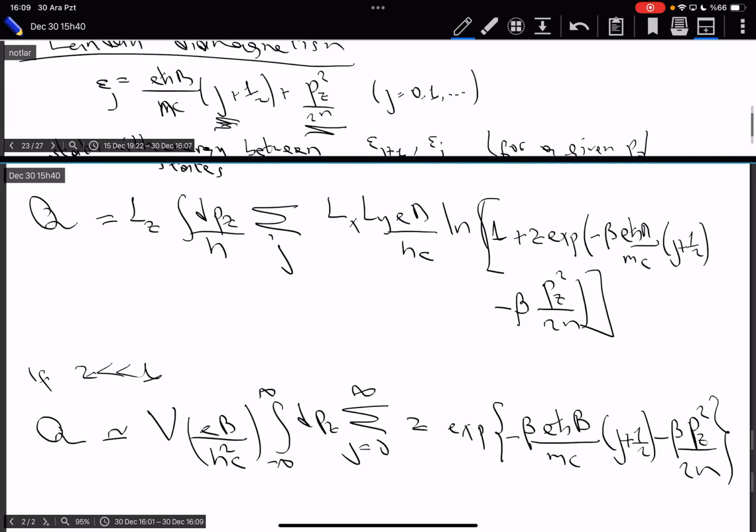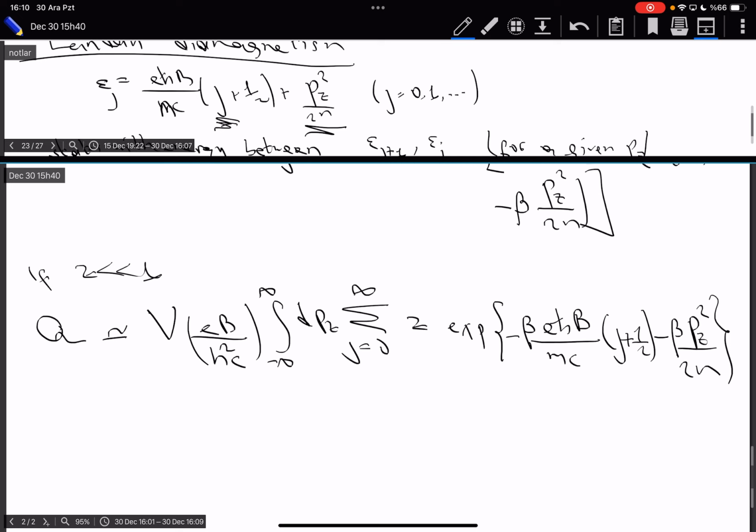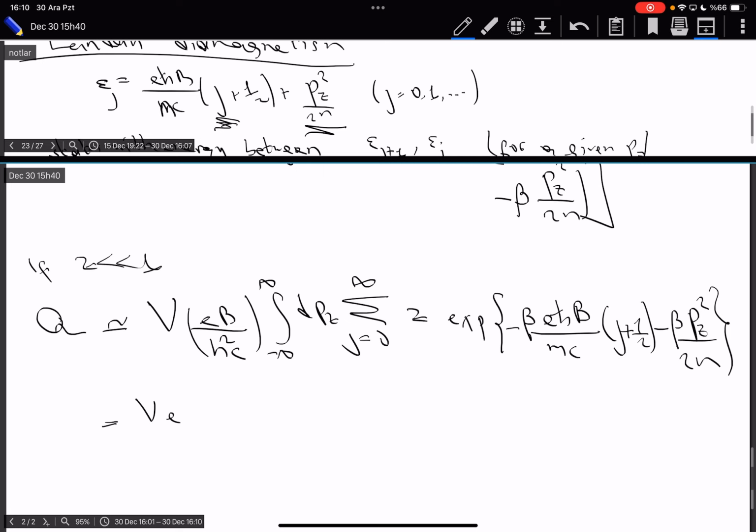Now I can evaluate the pz integral. The pz integral will just give me the square root of pi 2m kT.